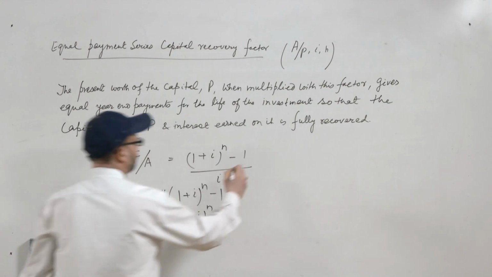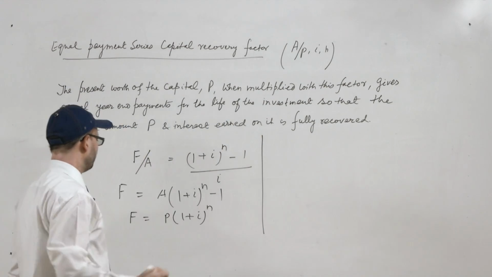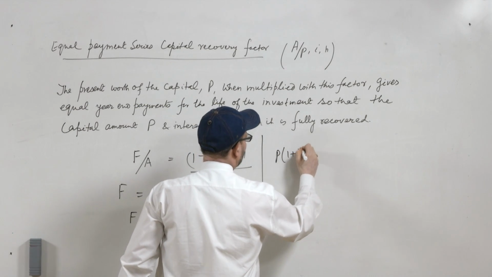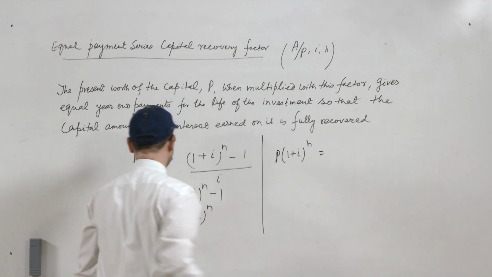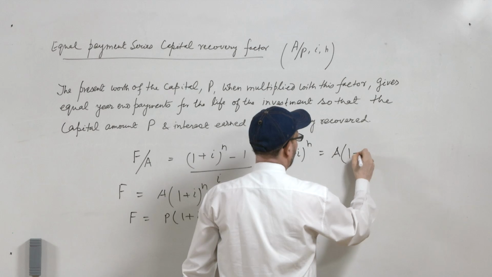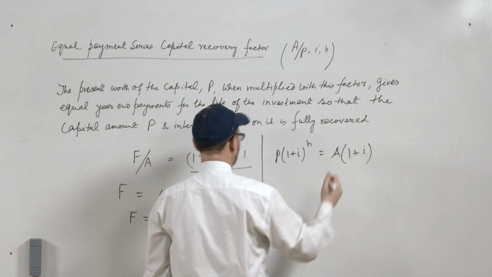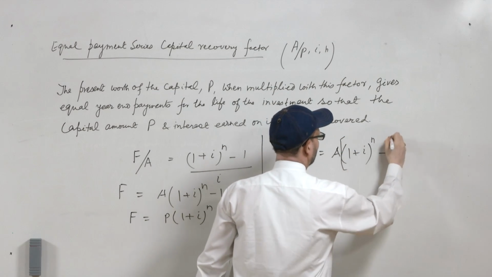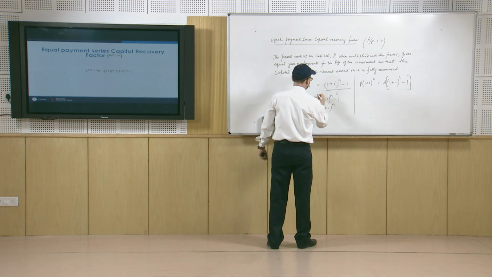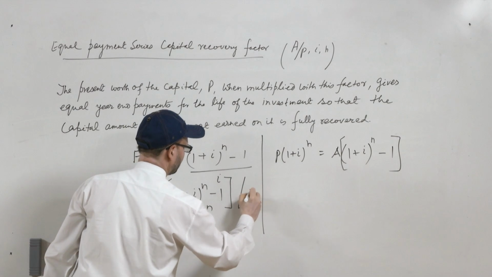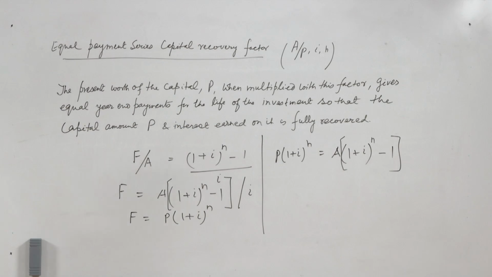So, what we get, P into 1 plus i raised to the power n equals A into 1 plus i raised to the power n minus 1, by i.